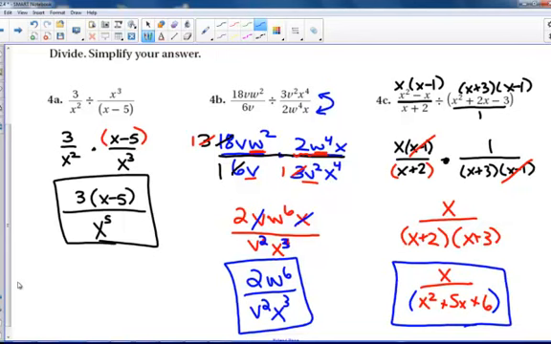So don't go thinking you can cancel like a random x somewhere, because anytime you have a plus, you are linking with a parentheses. You're thinking of that as an entire body, and you cannot just rip something off of that. That stays together and is 1. One trinomial can cancel with another trinomial, but you can factor, and that's how you get the binomials canceling.